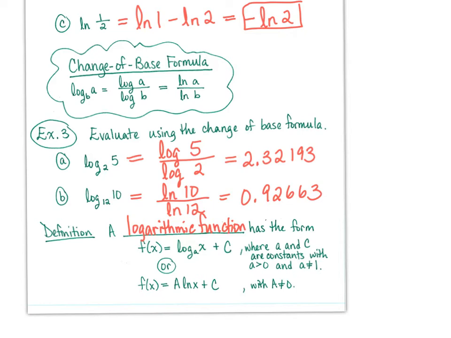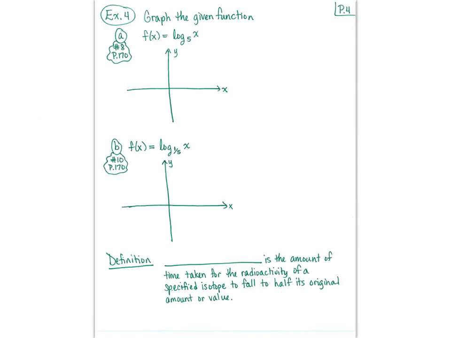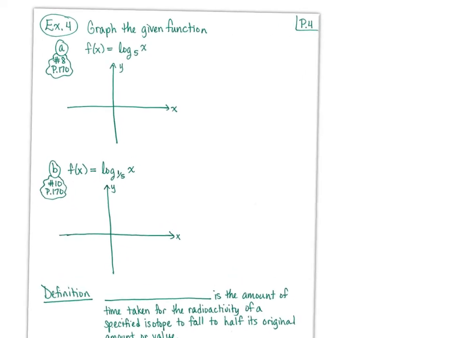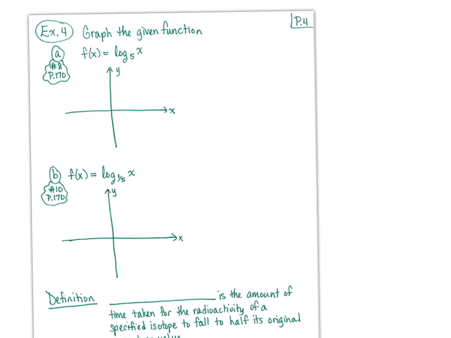Now let's graph some logarithms. Okay, so for example 4, we want to graph the given function. Okay, so we are graphing log of x base 5. So what will help us here is to remember the following.